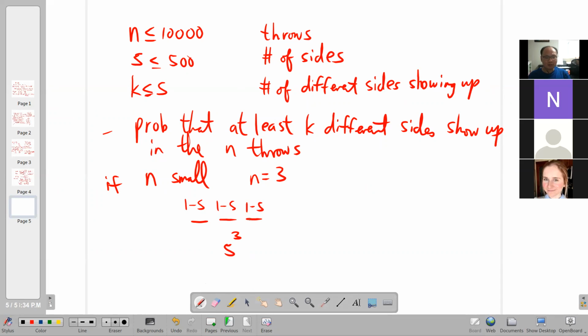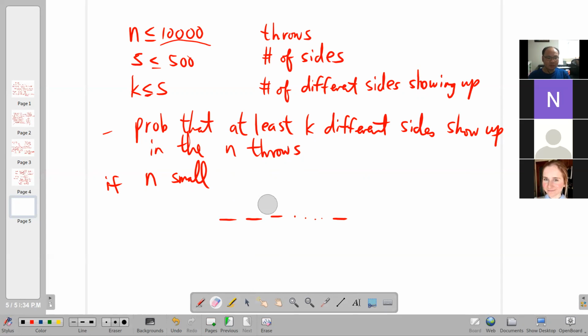You can try all possible S cubed choices and then check how many of them have k different sides. Then you just count and divide by S cubed, you're done. In general, if you have n spots, you'll be looking at S to the n possible results that you count and check. But of course, n being 10,000 means that this is impossible. N equals 3 is pretty much the most you can handle with this approach.